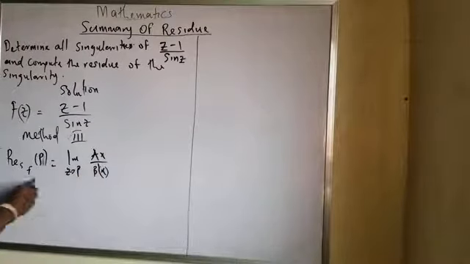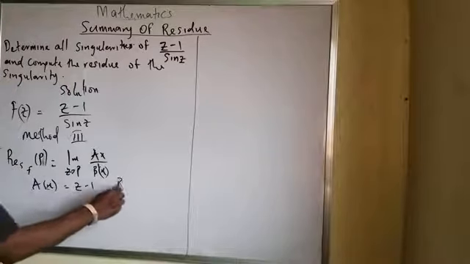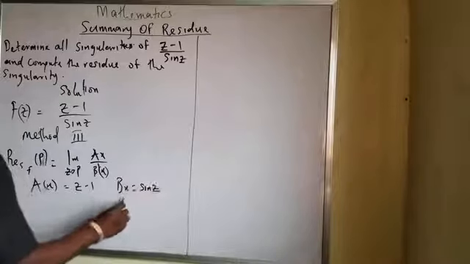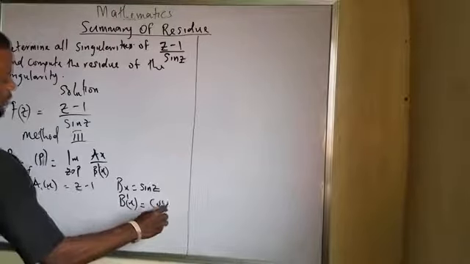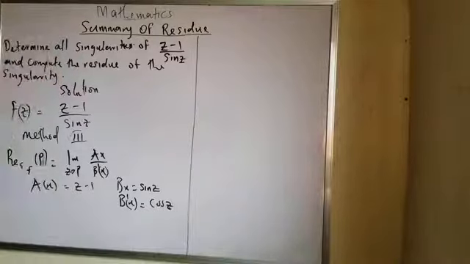Now, my a of x equals z minus 1. My b of x will be sine z. Now, my b prime of x will be cos z. Sorry, I'm very used to x. Now, cos z.